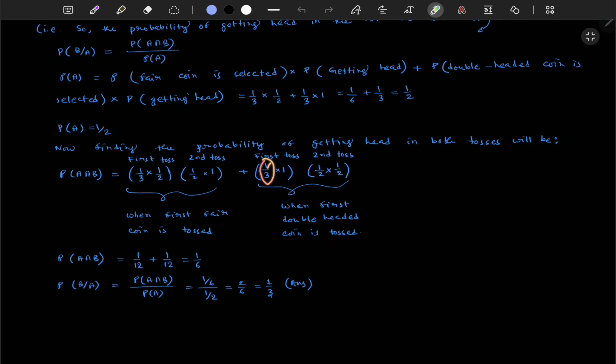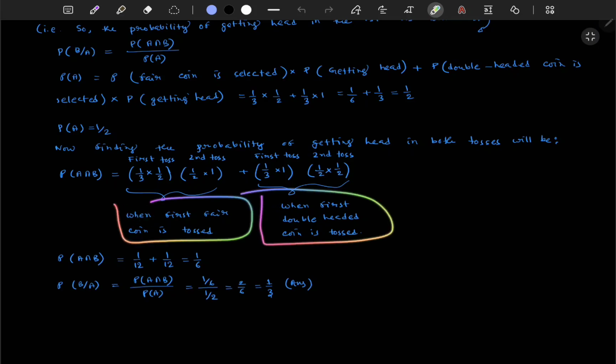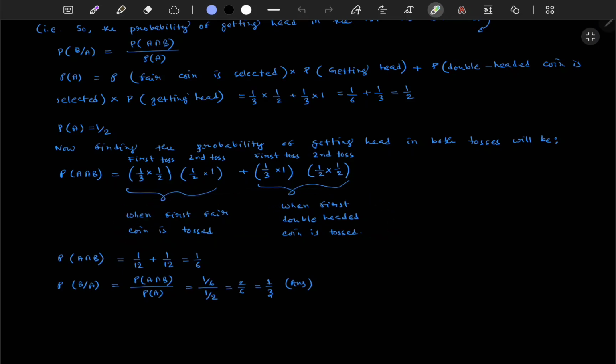One coin we already took, so only 2 are left, so that's why 1 by 2. In that combination there are 3 coins, but if we take one, 2 will remain, so the probability of getting the fair coin out of the 2 is 1 by 2, and if we get the head, the probability is 1 by 2. I think you are understanding this. You can see it again, and you can realize.